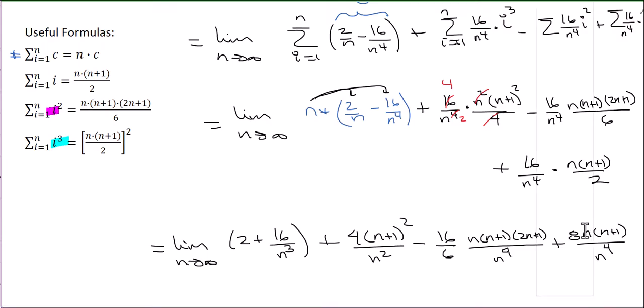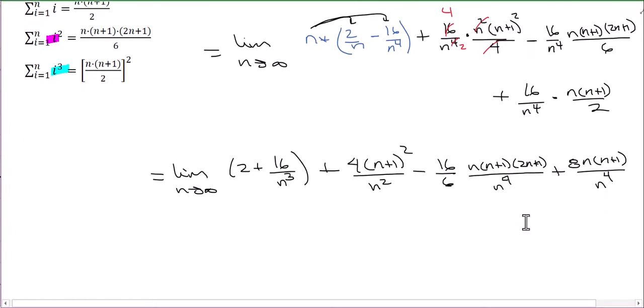And one of the reasons I'm not trying too hard to simplify is that I'm noticing the powers as I go. The power in the numerators seem to be getting smaller than the power in the denominator. Notice the last one. When I multiplied n times n plus 1, then my highest power there is going to be n squared. But the power on the bottom is n to the fourth.